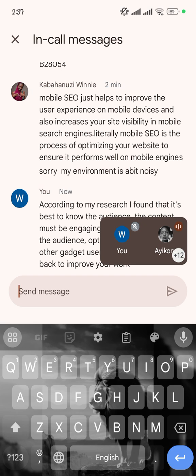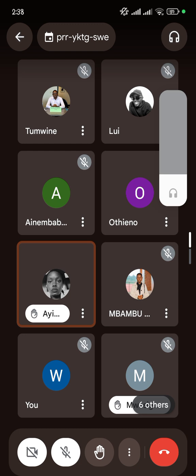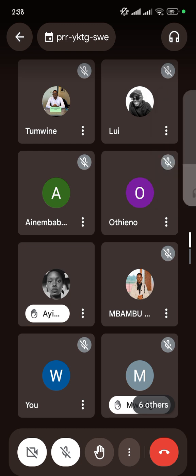For mobile writing, you have to focus on what matters most.